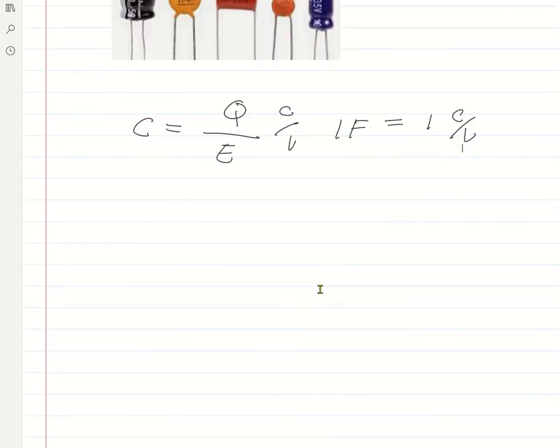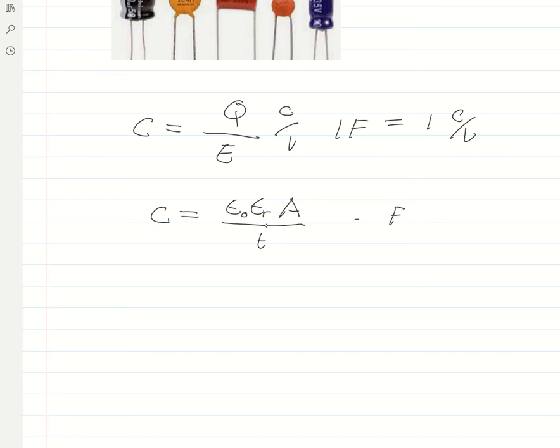By using this formula, capacitance is equal to the absolute permittivity, epsilon naught, times the relative permittivity of the dielectric, multiplied by the cross-sectional area, divided by the thickness T of the dielectric. The unit here will be farad, where the area is in square meters and the thickness is in meters.